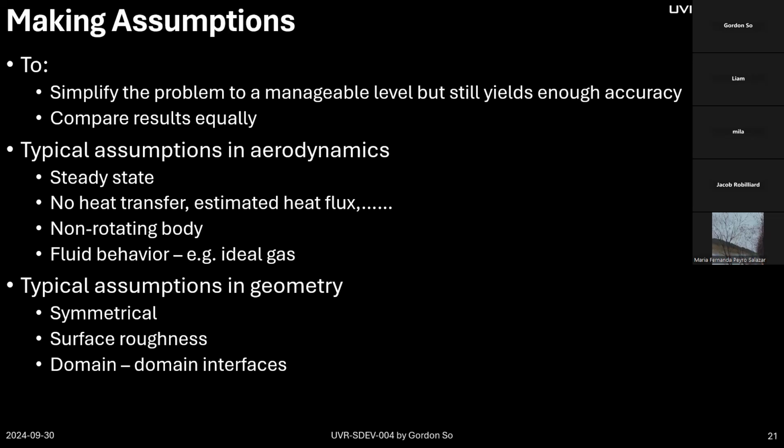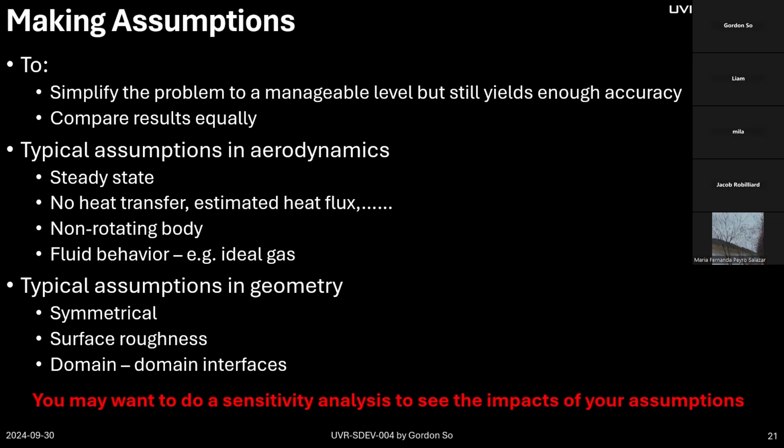Surface roughness, sometimes you don't know the surface roughness. For example, how do we even guess a surface roughness? You don't, you just guess one that's good enough. Sometimes you would do sensitivity analysis to see if certain assumptions are important. If they're important, you would revisit it or read more about the actual theory.